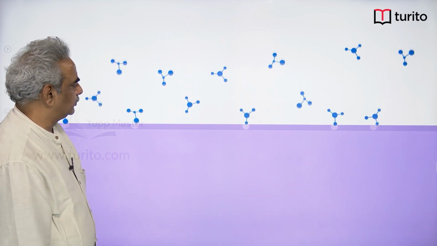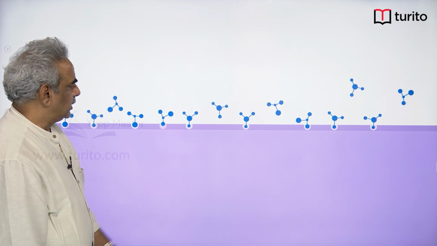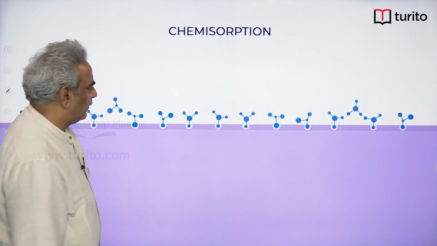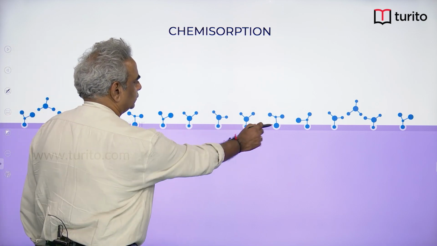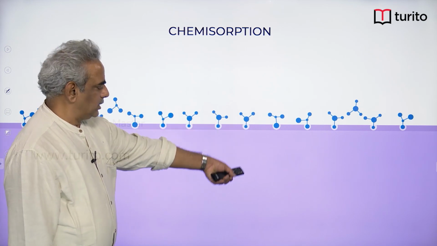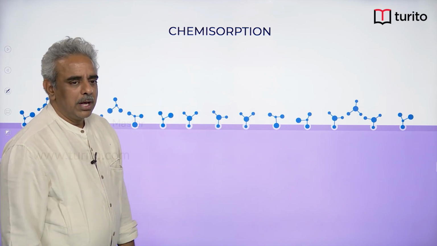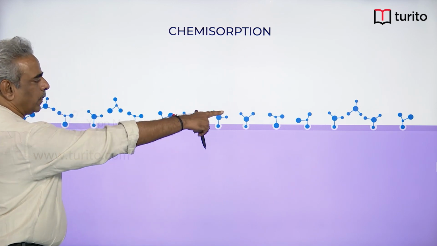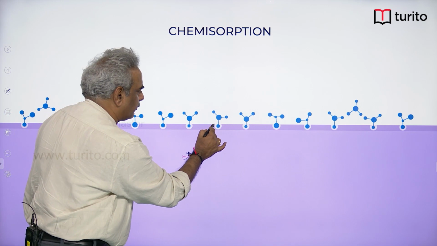You see this, the loveliest aspect of chemical adsorption, chemisorption. See, this is a bond, this is adsorbate, this is adsorbent. On the surface there is a single layer. See, there is a dip kind of a thing here.